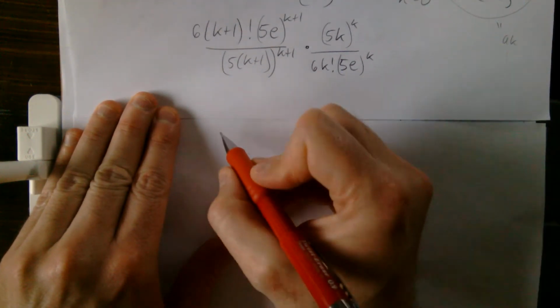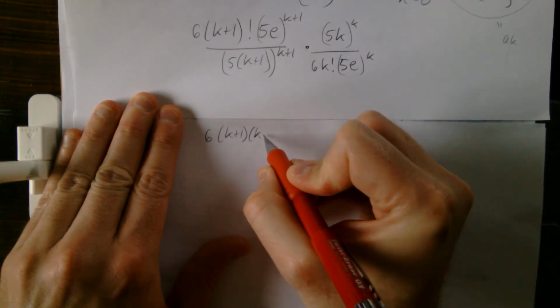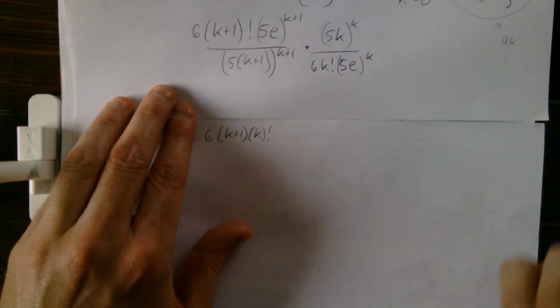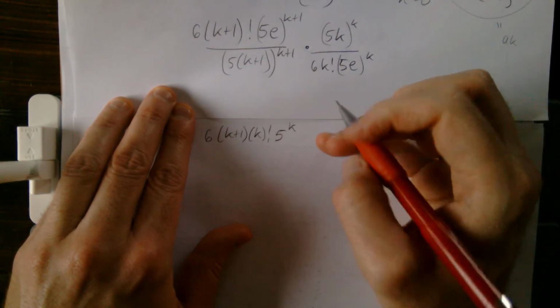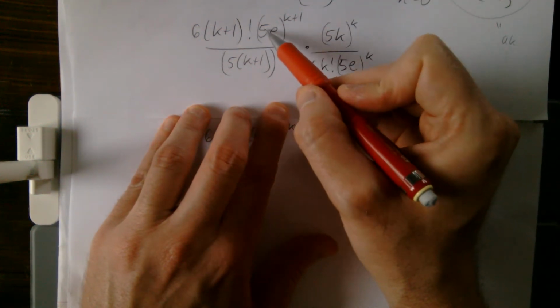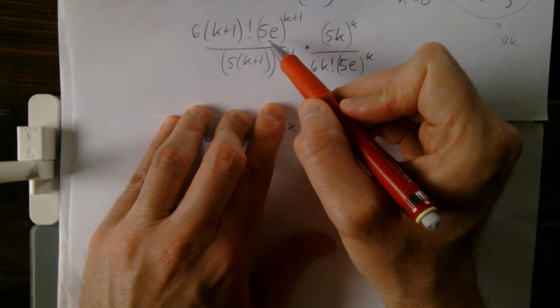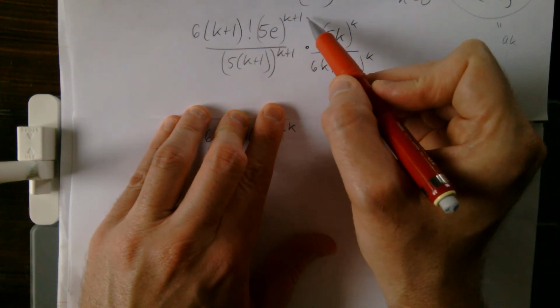We'll simplify. (k plus 1) factorial again simplifies to (k plus 1) times k factorial. 5 to the k plus 1 times e to the k plus 1 simplifies.